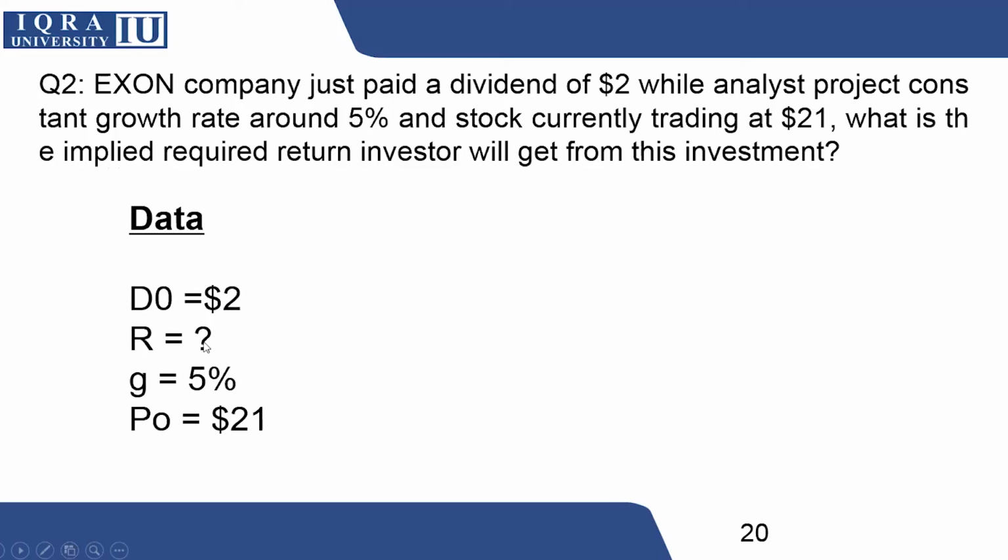growth rate around 5%, which is given as 5% over here. Stock currently trading at 21, so P naught is given as 21, and the question is asking to calculate the implied required return.